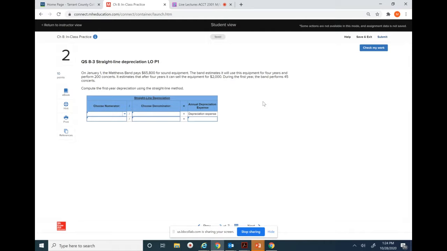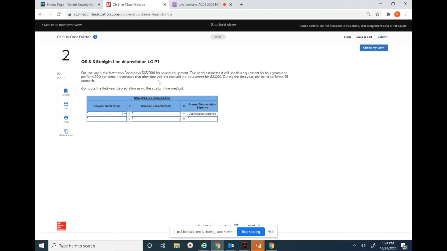When we are calculating straight line depreciation, we will take the $65,800 and then subtract the salvage value. We call that the depreciable cost. Whatever that number is, we will divide by 200 concerts.